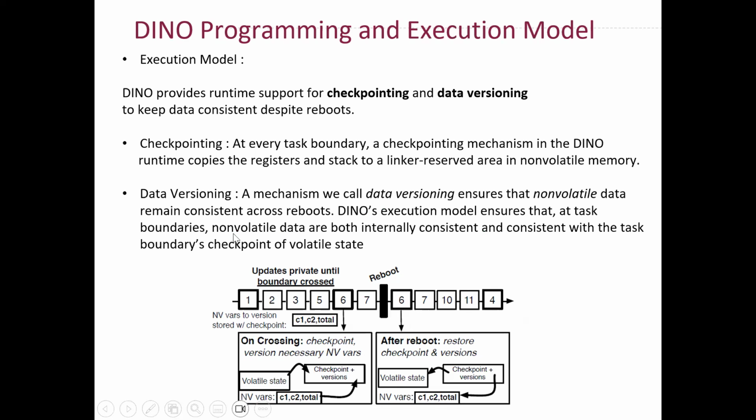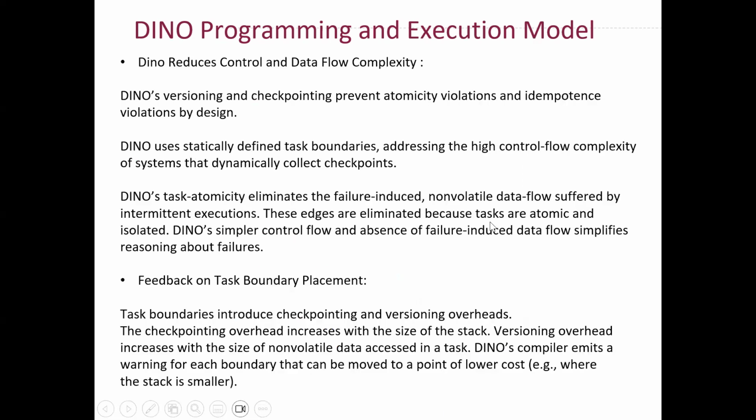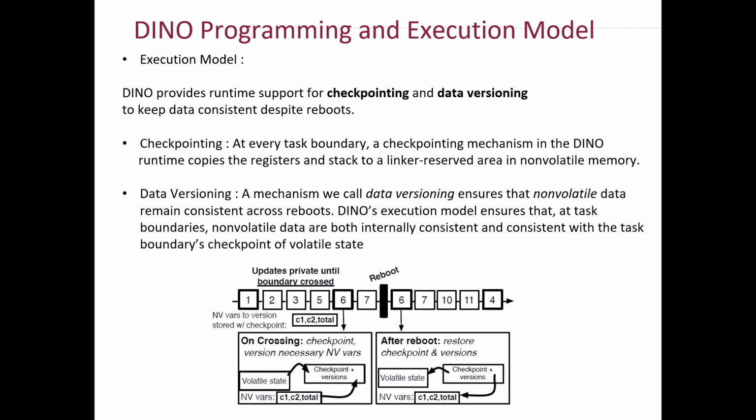Now coming to data versioning, it is something that ensures that all non-volatile data remains consistent across reboots. Checkpointing ensured that your program is going to execute at the same line after it loses power, and data versioning is what makes sure that the data that was previously calculated is not lost or is persistent even after you resume power.